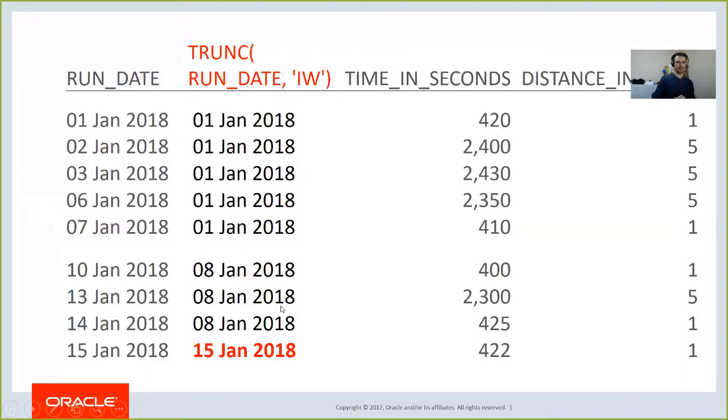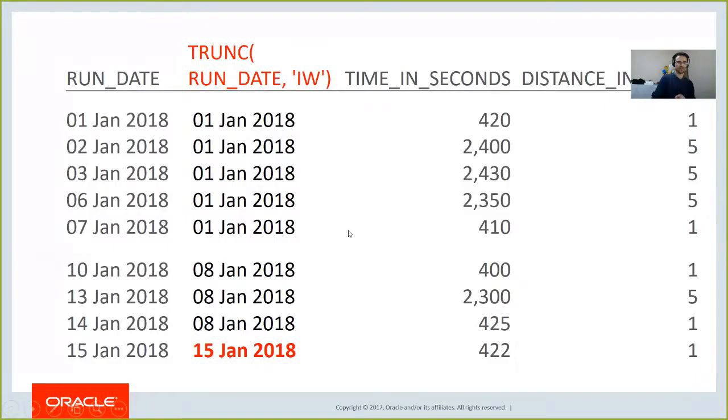I want this second group to start on the 10th and continue through to the 17th. There are ways you can do this prior to pattern matching. You can use the model clause, or you can use recursive with in 11.2. But I wanted to just show you how you would do this using match recognize.